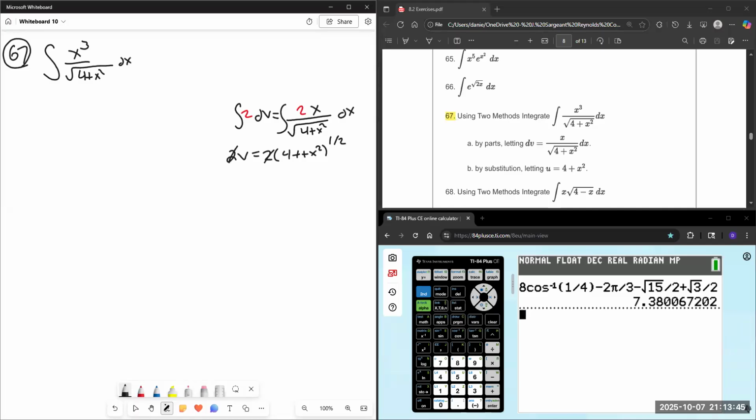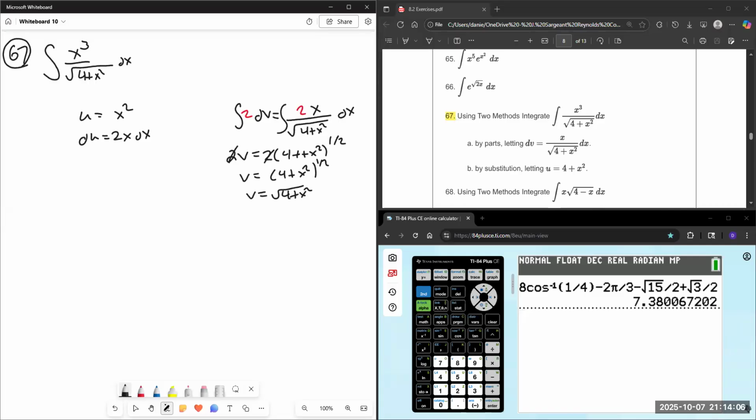The 2's will cancel. V is equal to 4 plus x squared to the 1/2, or v is equal to the square root of 4 plus x squared. U is equal to x squared is what was left over. Du is equal to 2x dx.